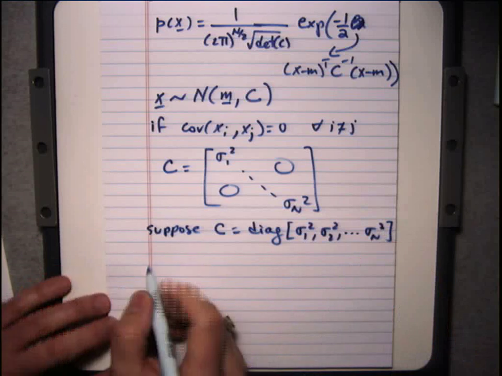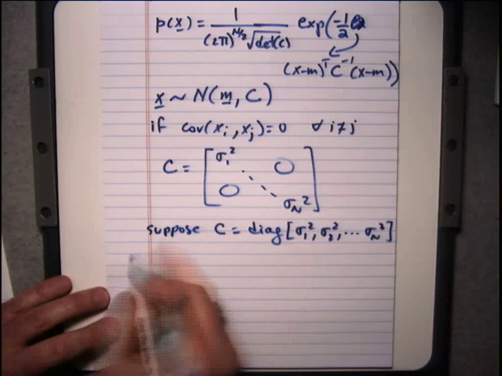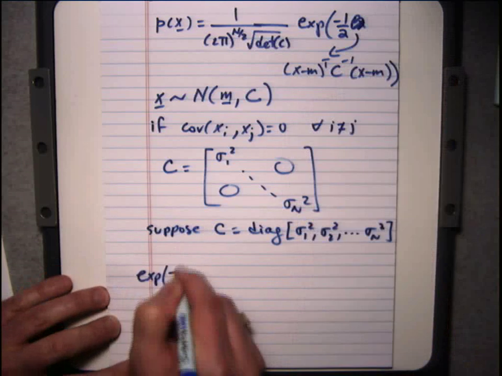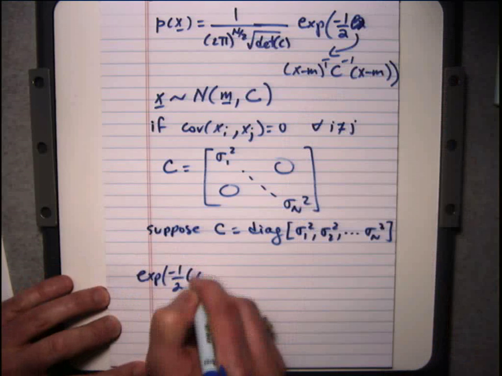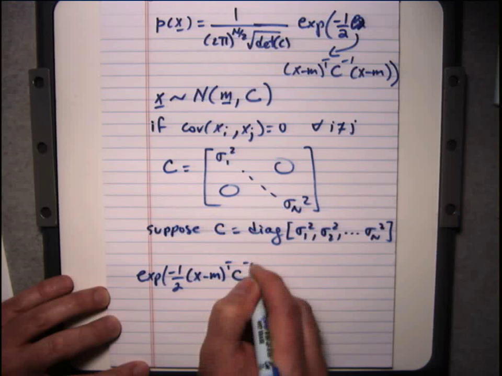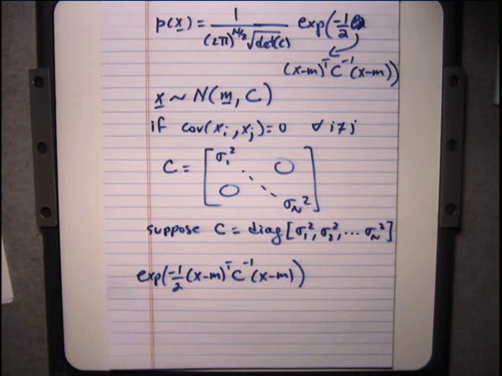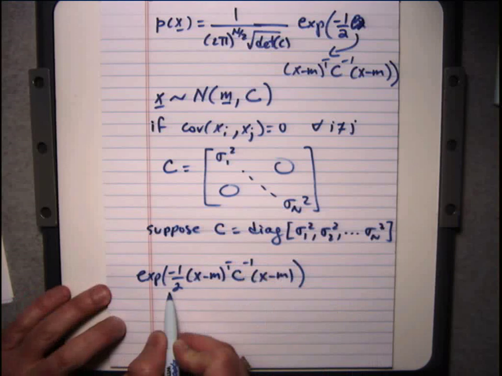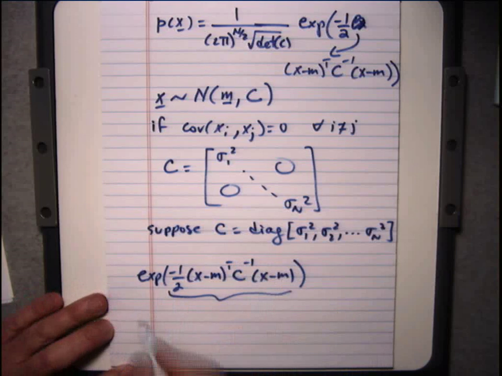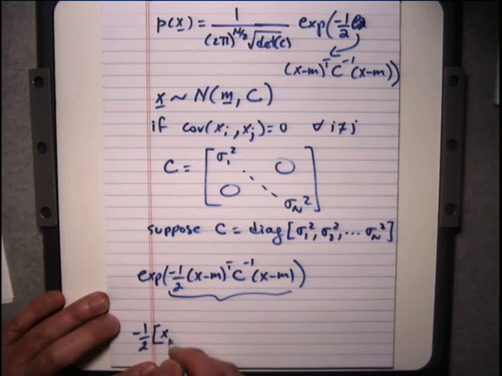All right, now what I want to do is to look at this exponential term. Let's look at the exponential of minus 1/2 x minus m transpose C inverse x minus m. So let's look at this bit in the middle. So you have minus 1/2. What's x minus m? It's x1 minus m1 to xn minus mn, like this.